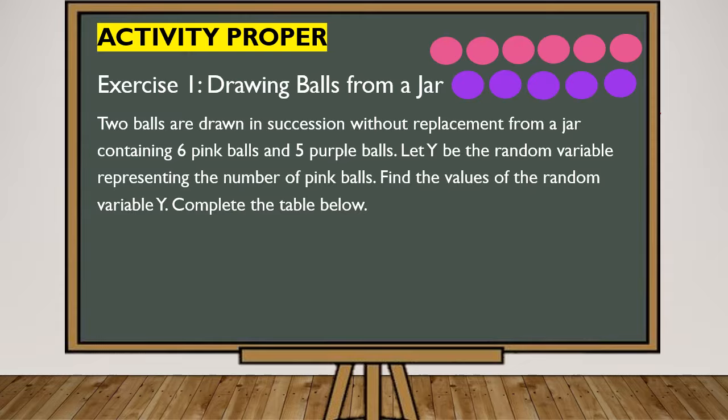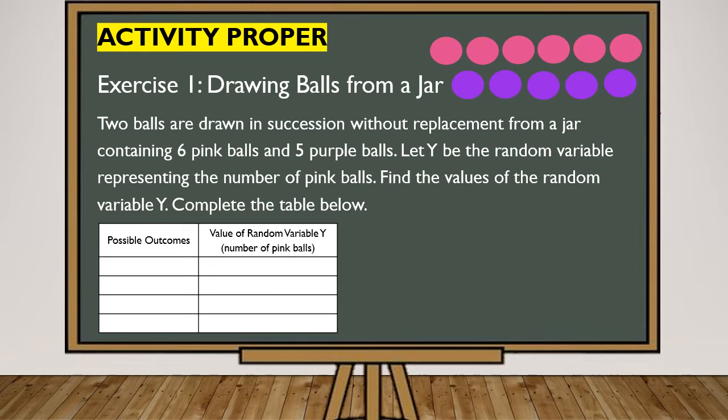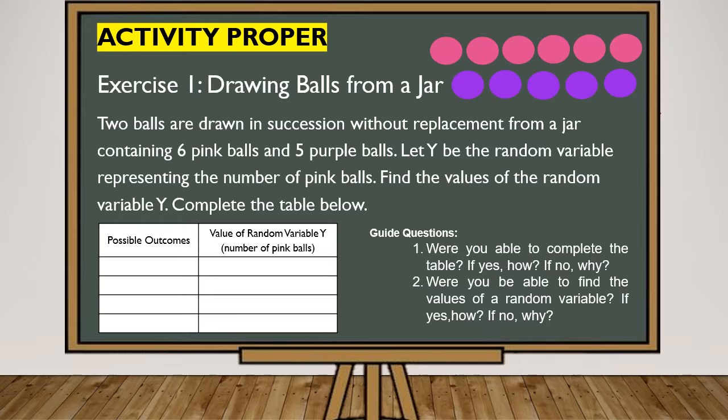Again, just follow the steps on how to find the values of the random variable. You just have to copy the table and answer these questions. Were you able to complete the table? If yes, how? If no, why? Were you able to find the values of a random variable? If yes, how? If no, why? So please answer these questions.